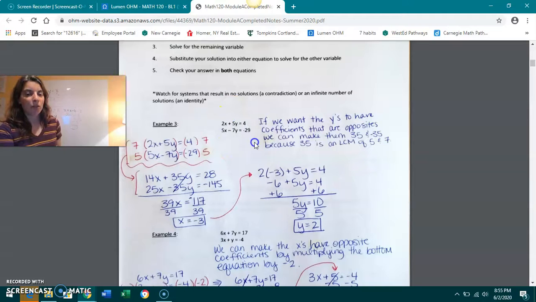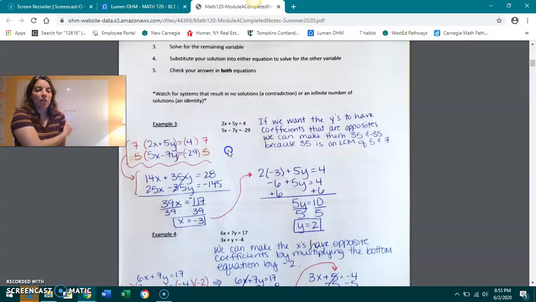So we manipulate them a little so that either the x's or the y's have opposite coefficients, meaning like 5 and -5 or 30 and -30, because when opposites add, they add to 0 and those will cancel out.